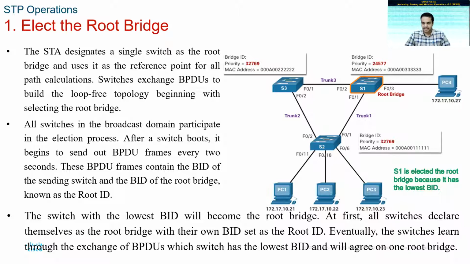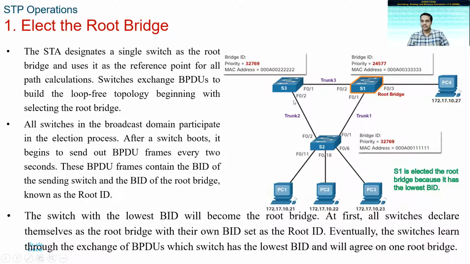At the first instance, all switches declare themselves as the root bridge with their own BID set as the root ID, because they haven't selected the root bridge yet. But eventually, the switches learn through the exchange of BPDUs which switch has the lowest BID, and then they agree on one root bridge. In this example, there are 3 switches, S1, S2, and S3.